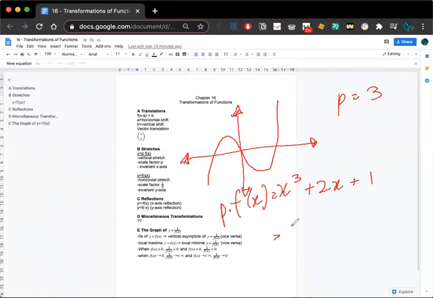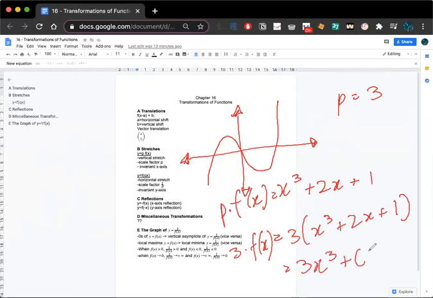That means p times f(x) would be 3 times f(x), or 3 times x to the power of 3 plus 2x plus 1, which would equal 3x to the power of 3 plus 6x plus 3. And it would look something like this.